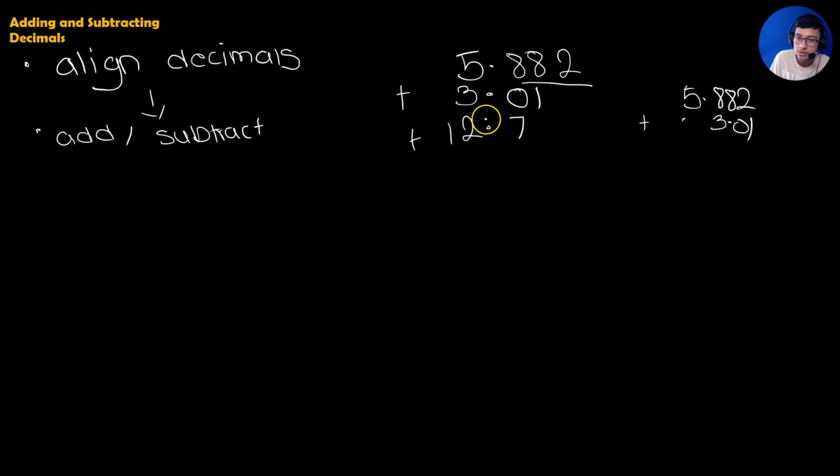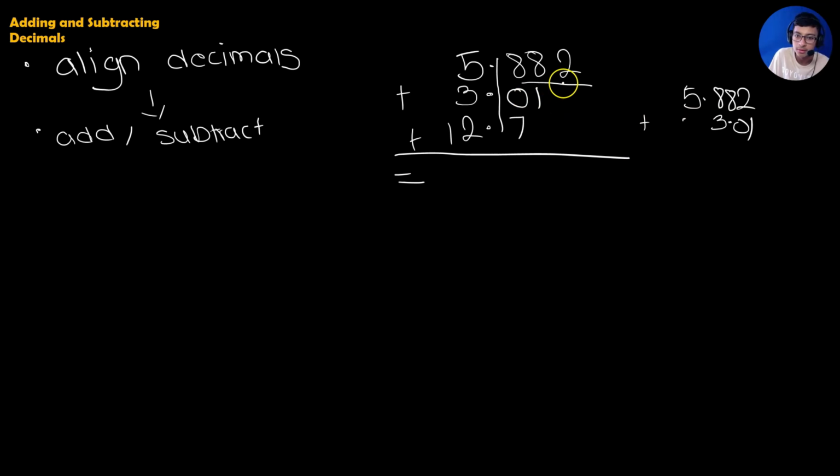So first, to make it easier for us, we align all our decimals and then we just add. So we have it all aligned. Now we can simply add.